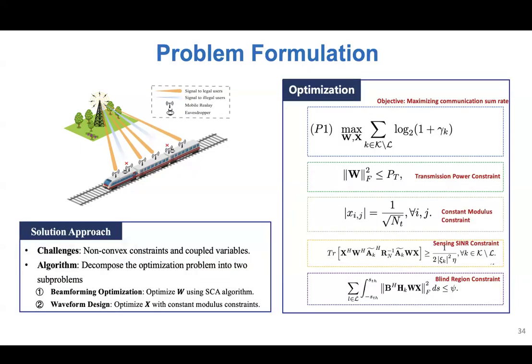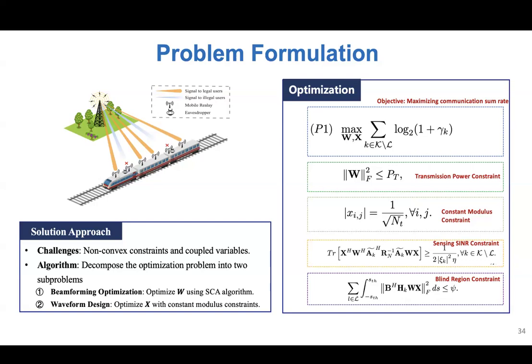Okay. And here, problem one is we want to maximize the overall capacity rate under the transmission power constraint, the modulus constraint, and also the sensing requirement. So this is a sensing requirement, and this is one region constraint.